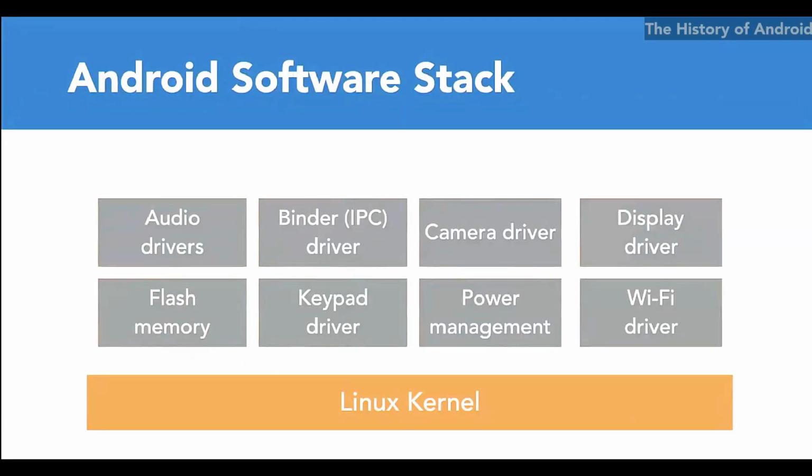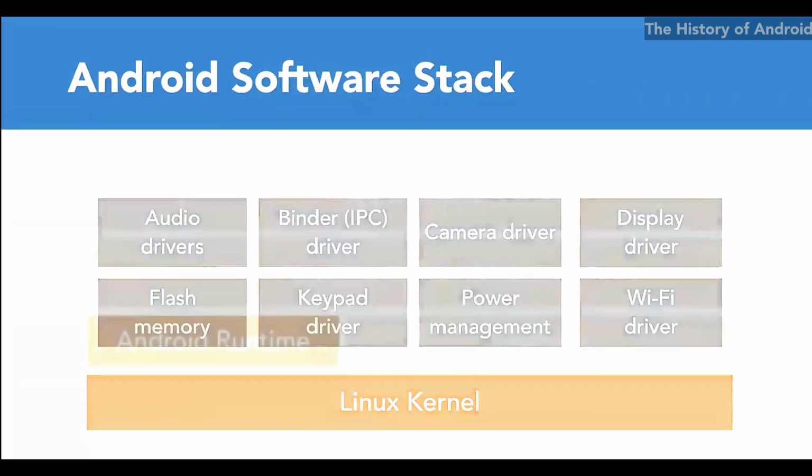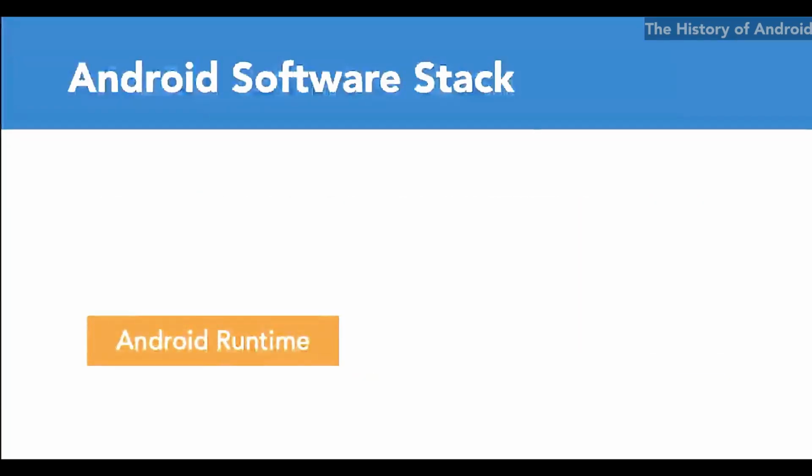It's up to the OEMs, or the manufacturers of the devices, to customize these drivers and make them work for their own hardware. If you're holding an Android device in your hand, the version of Android that's on that device will be a combination of what Google delivers and what the vendor customizes. The next layer is the Android runtime.